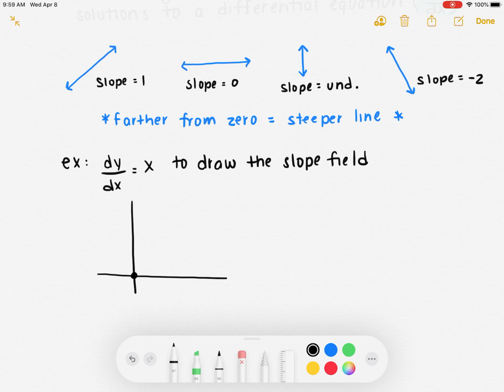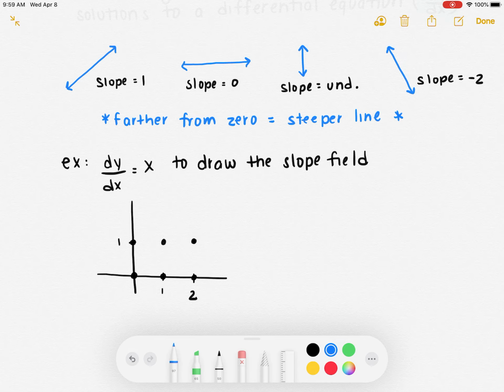So they might say, like, draw it at 0, 0. Let's go to 1, 0. Let's go to 2, 0. And then we'll also do 0, 1, 1, 1, and 2, 1. Those will be the 6 points that we're going to draw our slope field at.